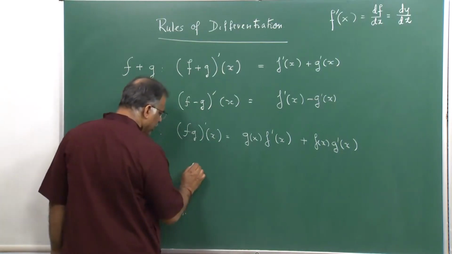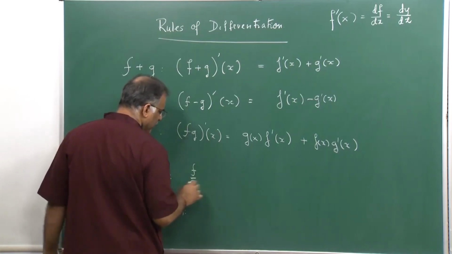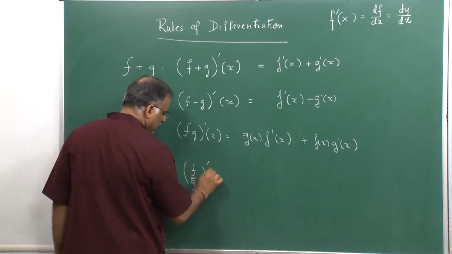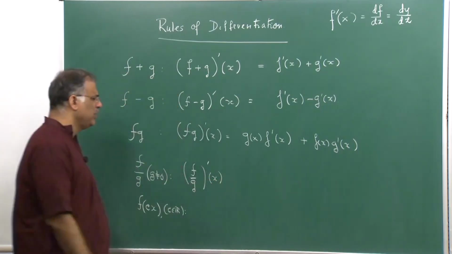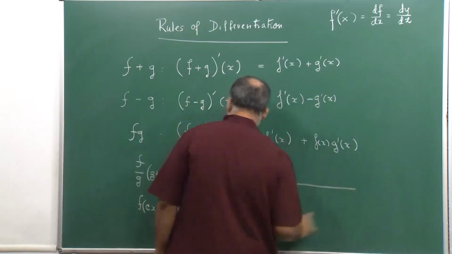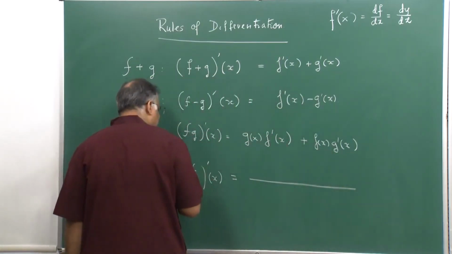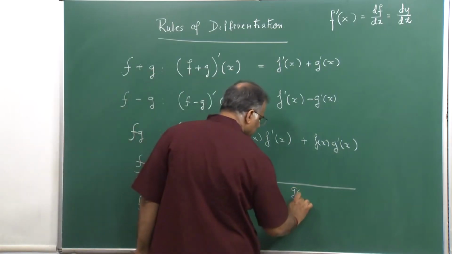This is a slightly tricky one. Of course, g(x) cannot be 0 for any x. So, when I want to evaluate this, it is a slightly tricky one, but again it is the same thing, because this is nothing but f multiplied with 1 by g, where g is a non-zero function.